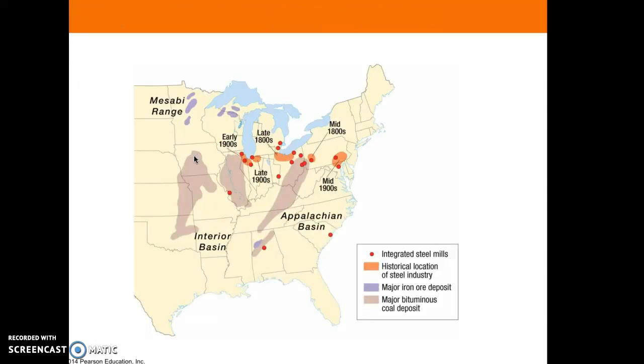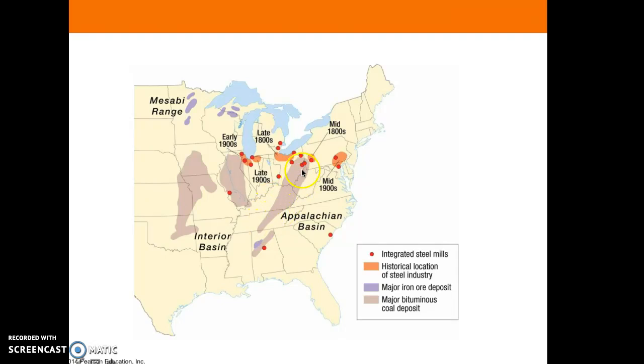So if you look at it, in the beginning, these orange sections here are the historical locations of the steel industry. In the really early beginning, the mid 1800s, a lot of your coal mining was done out in southwest Pennsylvania. It was near some major coal deposits, and we got a lot of our iron ore from Alabama.